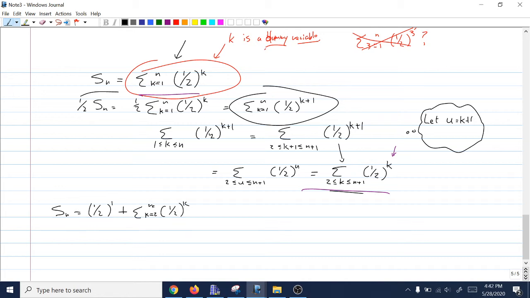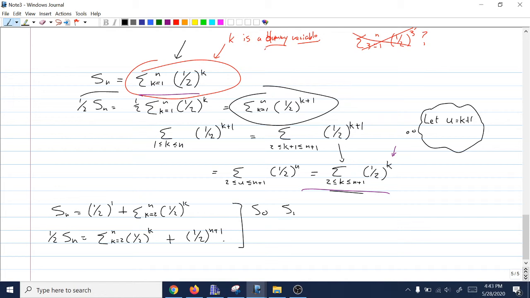I'm allowed to peel off one of the terms and now add up the rest of the terms. 1/2 Sn is, I want to peel off the last term of this. The sum from k equals 2 to n plus 1. Oh no, not n plus 1. I'm pulling off the last term. From 2 to n, 1/2 to the k, plus the last term, 1/2 to the n plus 1.